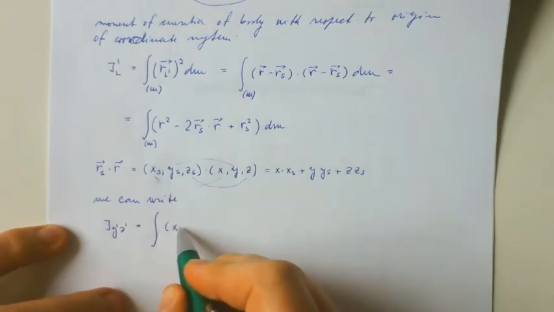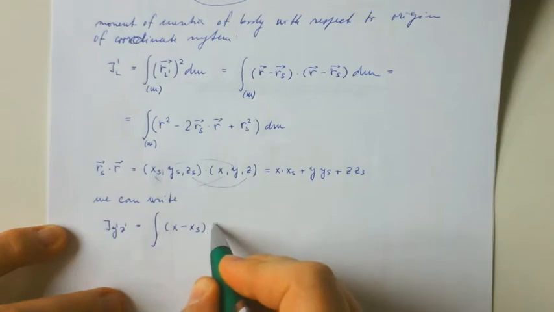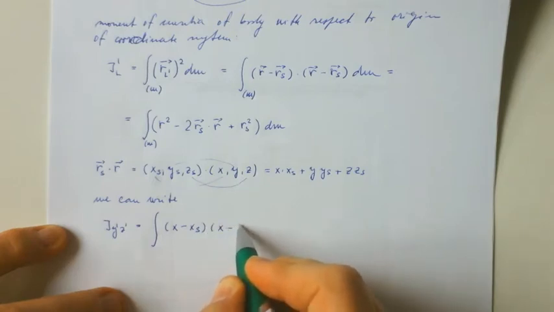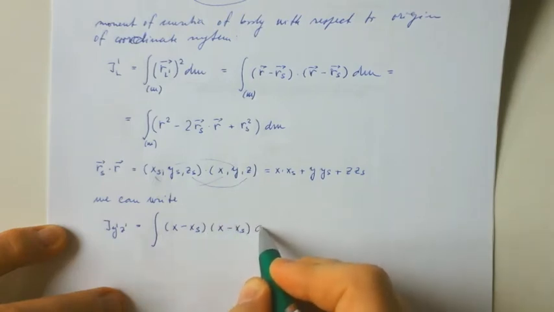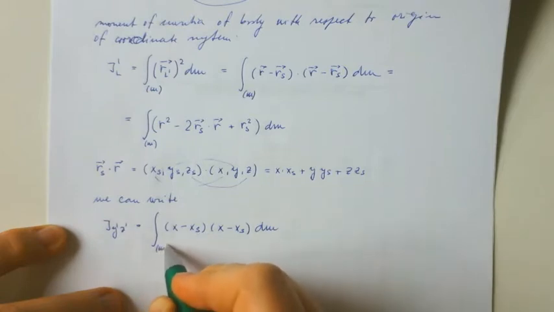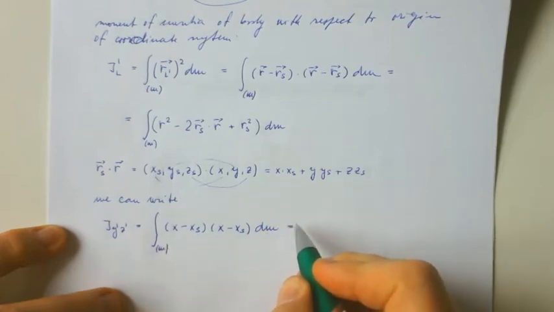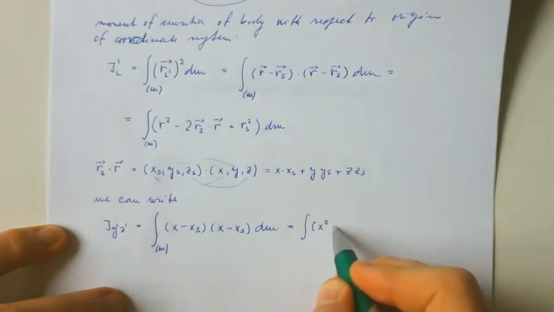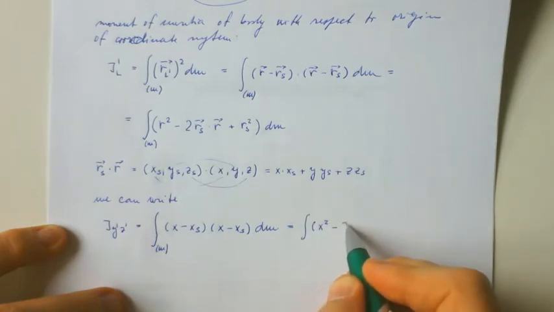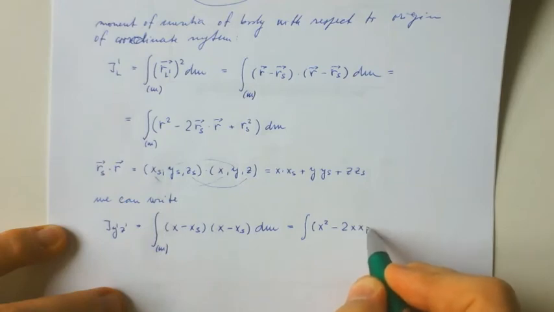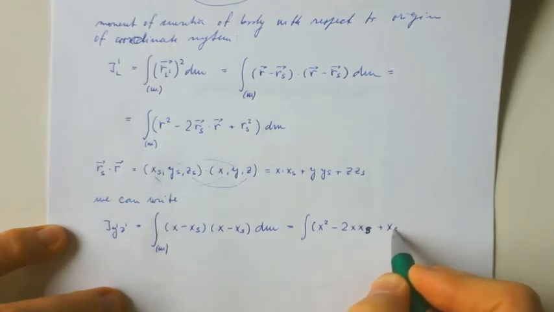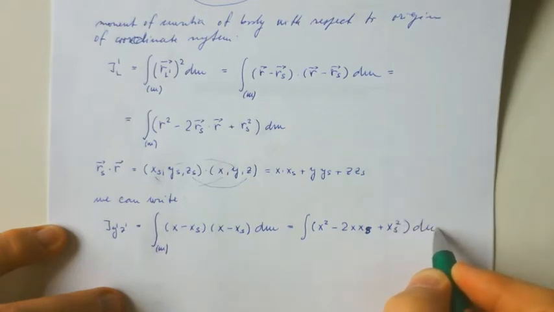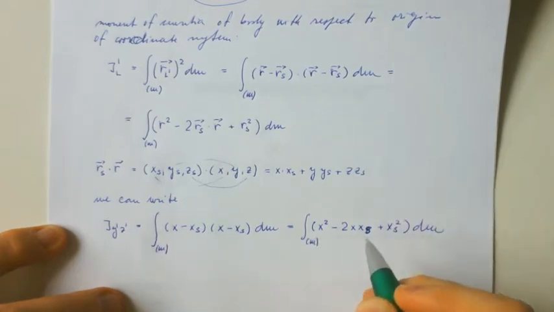So it is the integral of x minus xs by x minus xs dm over m. So it is the integral of x to the power 2 minus 2 x xs plus xs square dm over m.